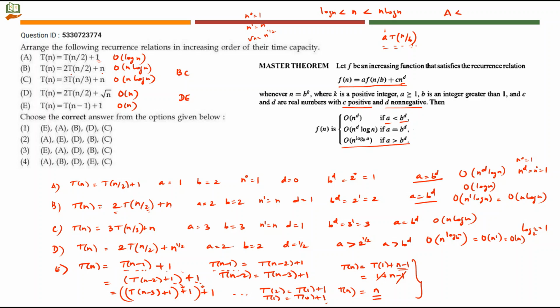We have D and E. So it can either be D or E. What about the n log n part? It is either B or C. So anything that ends in BC can be considered. We will rule out the other two. It should start with A. So the only option that ends with BC and starts with A is option 2. We go with option 2 as the right answer.